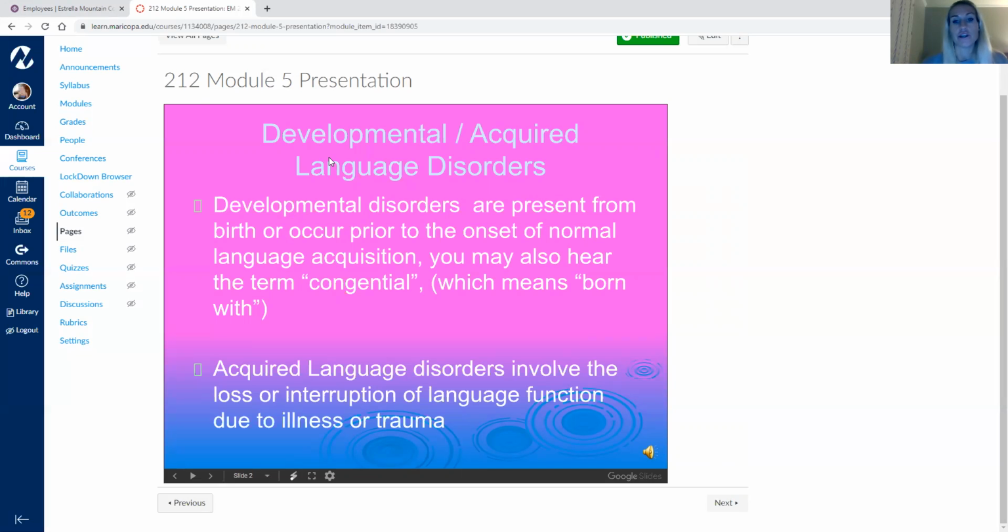Congenital, when you hear that term, just means born with. When we talk about congenital disorders, a lot of times we're looking at a syndrome, like Down syndrome, they're born with it. And certain things come right along with language issues also.